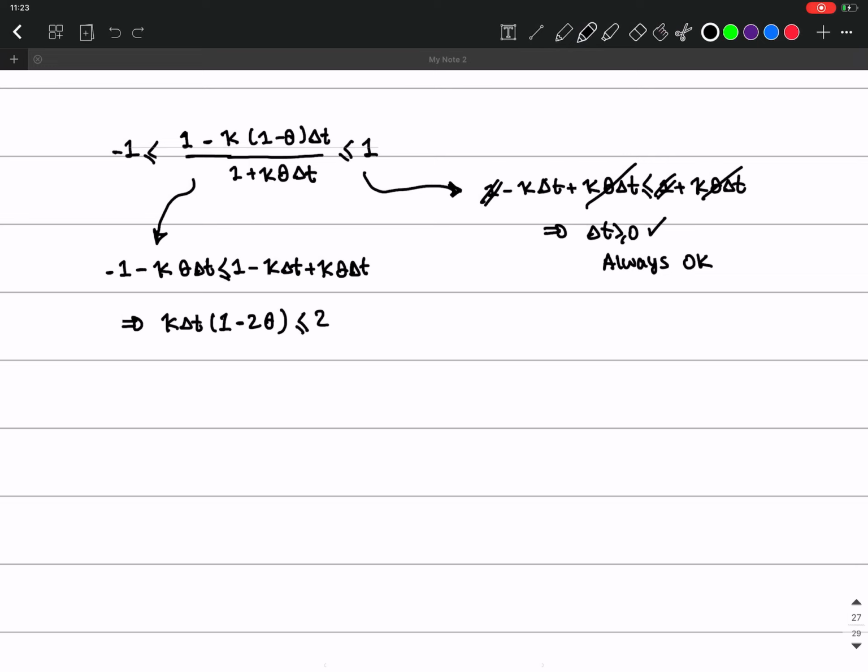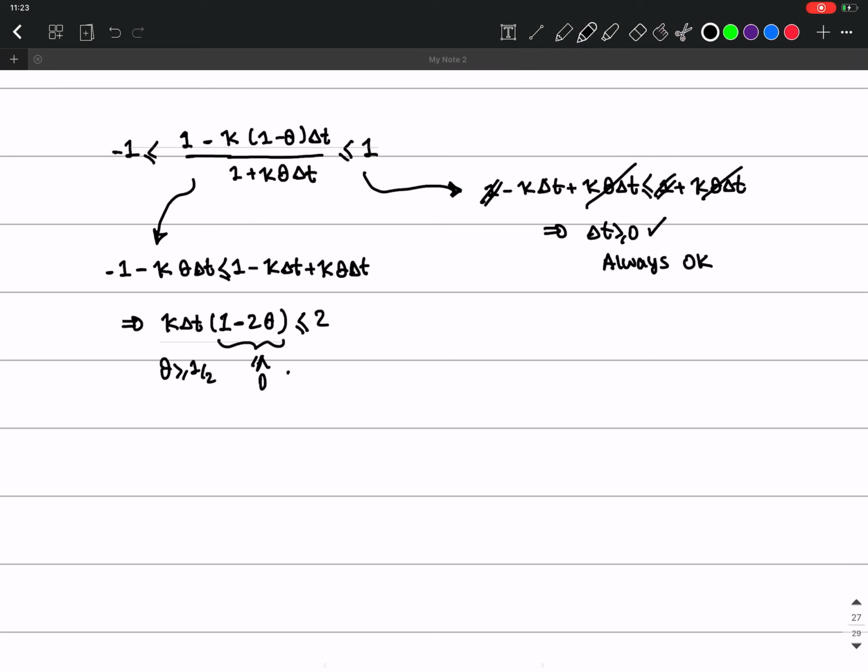Here you can see something. You can see that if theta is greater or equal to 1/2, this is going to be smaller or equal to 0, right?